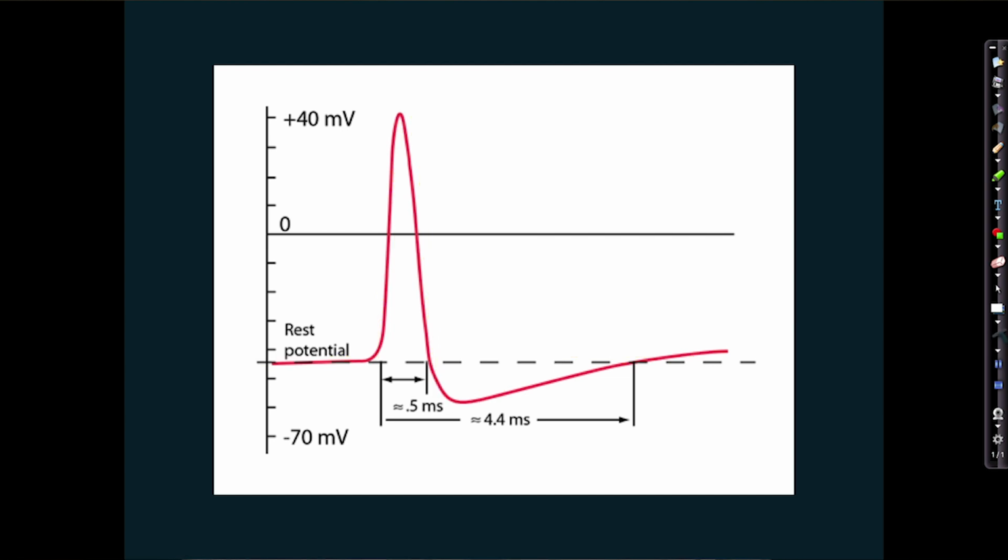Okay, so let's talk about how the action potential is constructed. This is where these prerequisites come in, particularly the idea of ions and the idea of concentration gradients. So we're going to look at, in particular, the membrane potential first of all, and what that is.